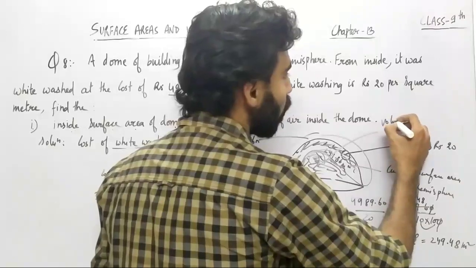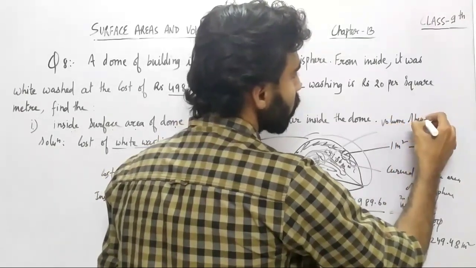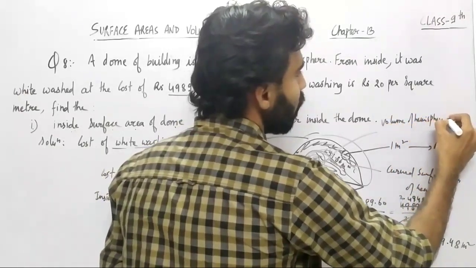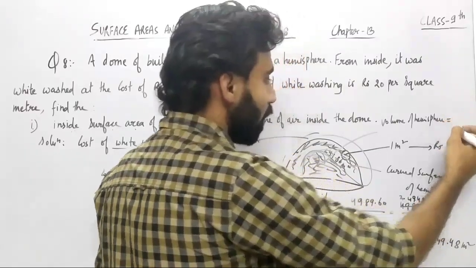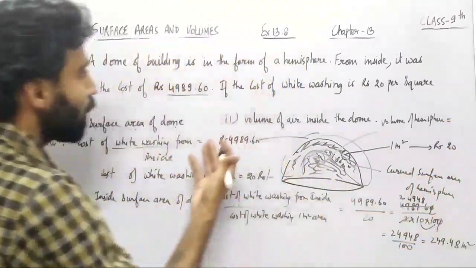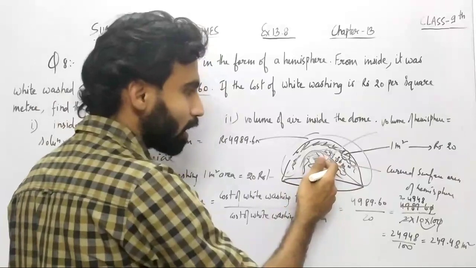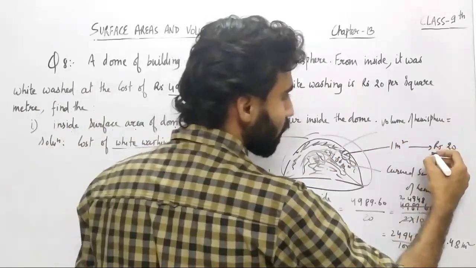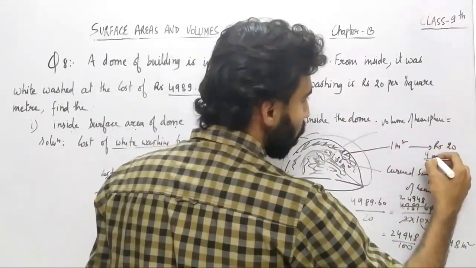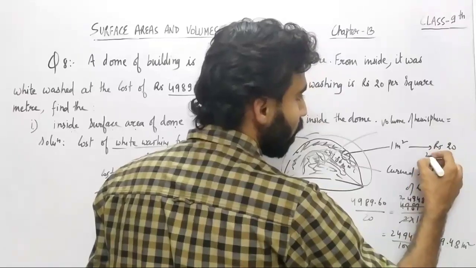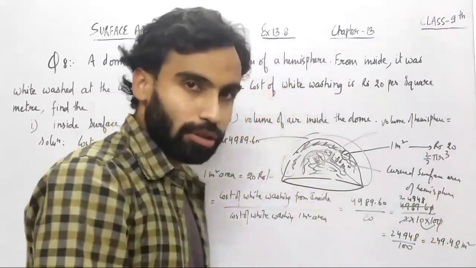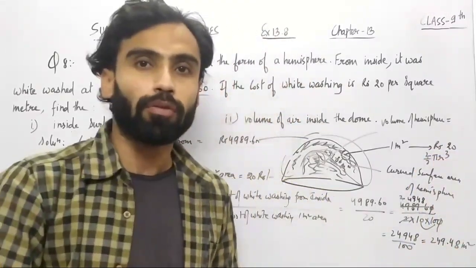I know that the volume of a hemisphere is calculated by, if you remember, the formula 2 upon 3 pi r cube, right? So that was the formula to calculate the volume of a hemisphere.